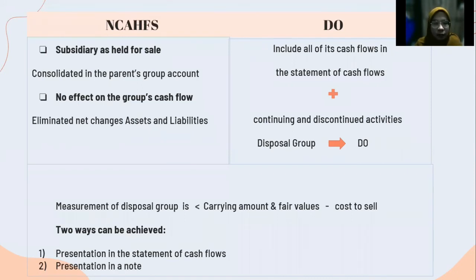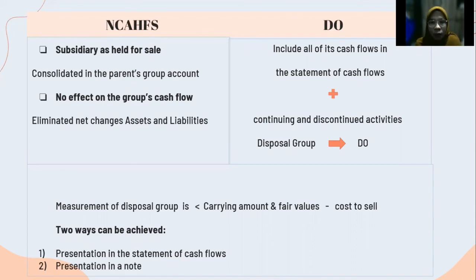The presentation of the non-current assets held for sale and liabilities attributable to them has no effect on the group's cash flow. Thus, they should be eliminated by a contra adjustment to the net changes in the respective assets and liabilities.